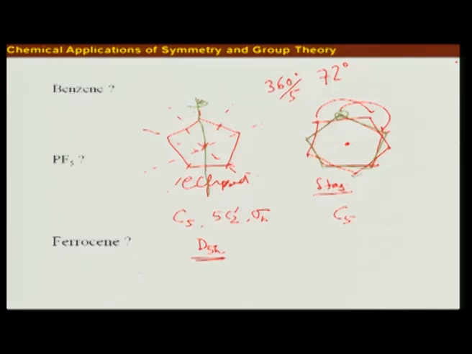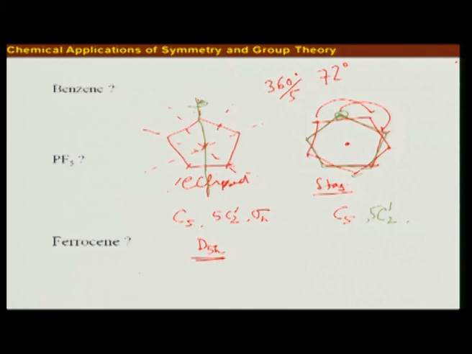Similarly, the red part which was like a tip here will go above here. So, ultimately I have a C2 which is perpendicular. Very easily I can find the other 4 C2 primes. So, I have essentially 5 C2 primes.